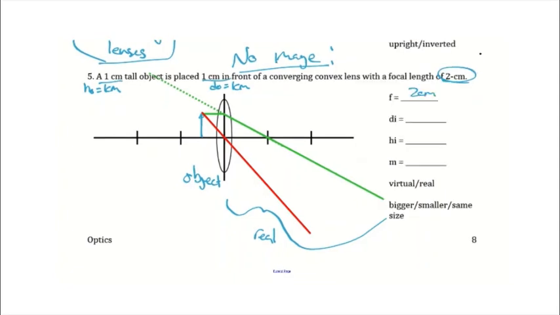So we've extended the green ray back, now we have to extend the red ray back. And you can see that they do intersect, but this time they intersect on the virtual side of the image. So we will connect that point of intersection with the principal axis, and you can see that that is our image location.